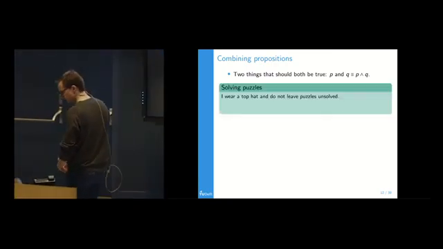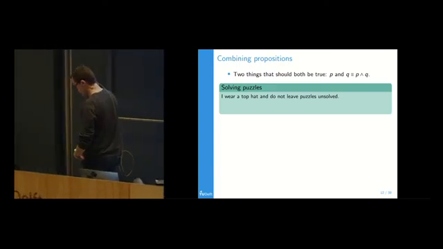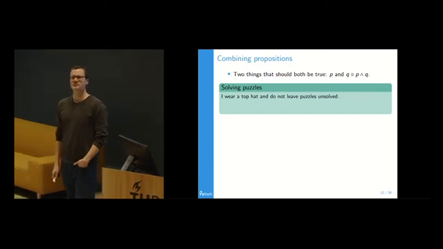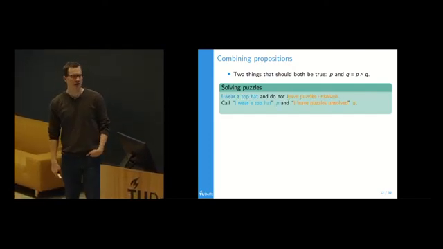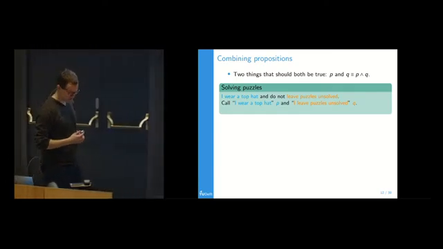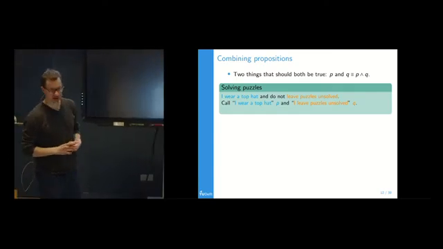Example. I wear a top hat and do not leave puzzles unsolved. Wearing a top hat, let's call that P. Leaving puzzles unsolved, let's call that Q. Who can tell me what this sentence would read in logic?